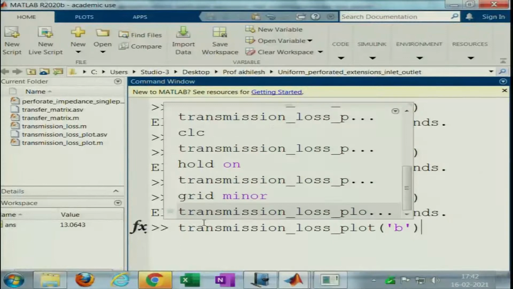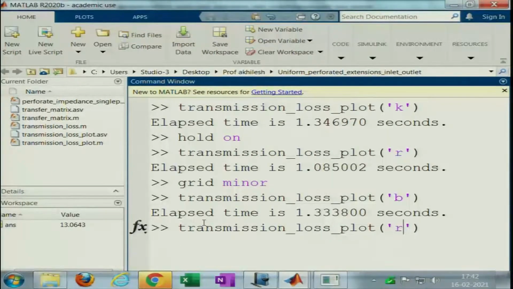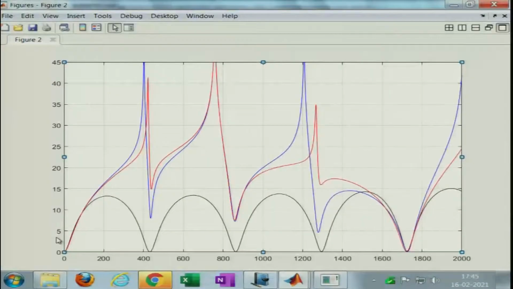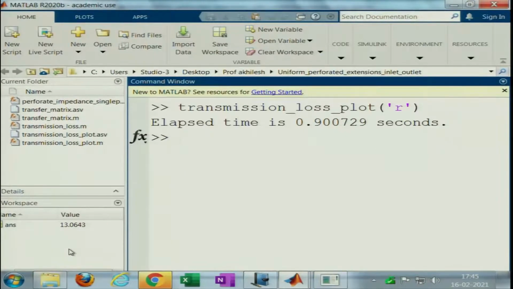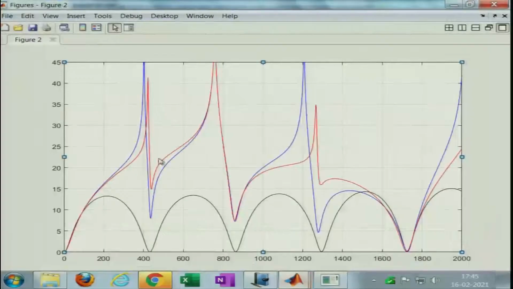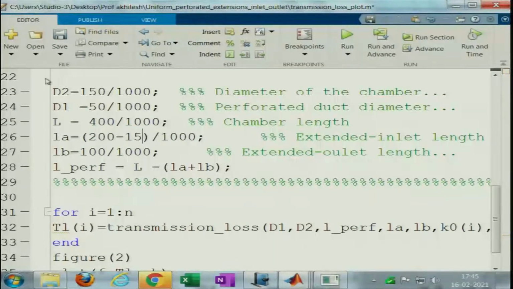So let us do it with the red colored plot, and we will get this kind of a thing. So it is approaching, and then let me use another color, perhaps red only, but get rid of this and put 15 here.